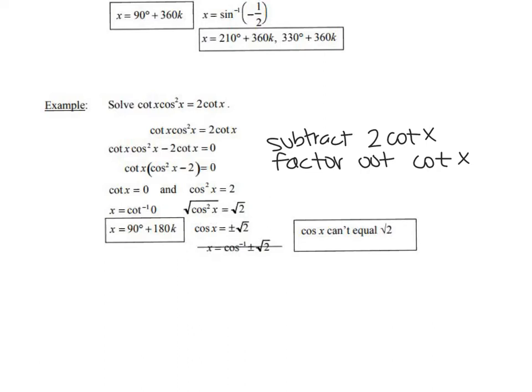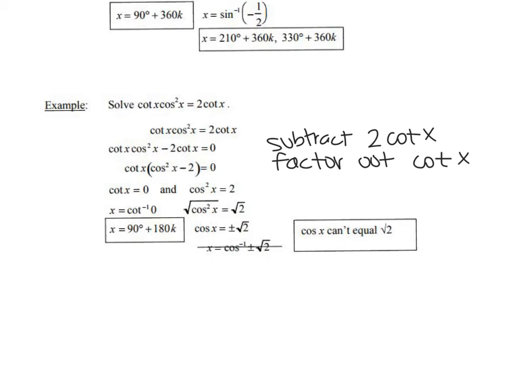We're looking for whenever cotangent is 0, which happens at 90 degrees plus 180K, because remember cotangent only has a period of pi, so when I'm doing my coterminal angles, I go by 180 degrees. Now our second solution, cosine squared of x equals 2. When we take the square root, we get that cosine of x can equal plus or minus radical 2.